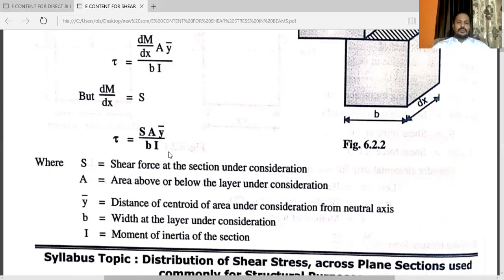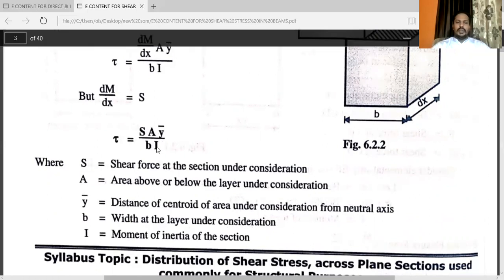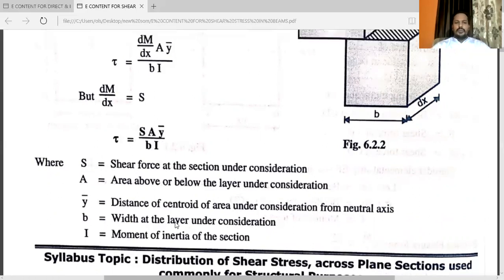So please note down this formula for shear stress.